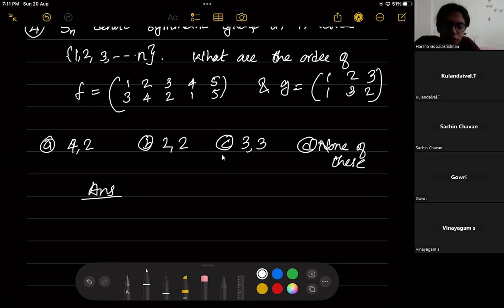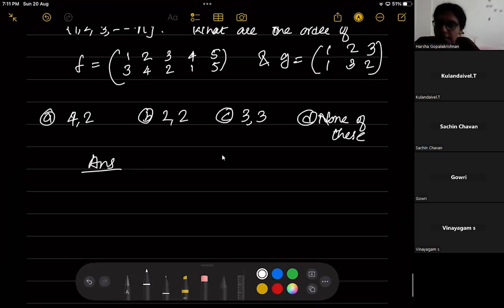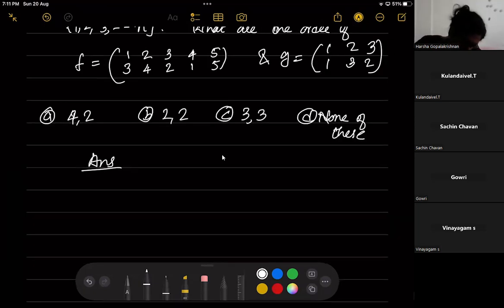Yeah, 4-2. To find the order, we need to find F, F composite F, F composite F composite F, etc. The least n such that F power n becomes identity, that n is the order. Now first let's start with G. G is a bit simple.